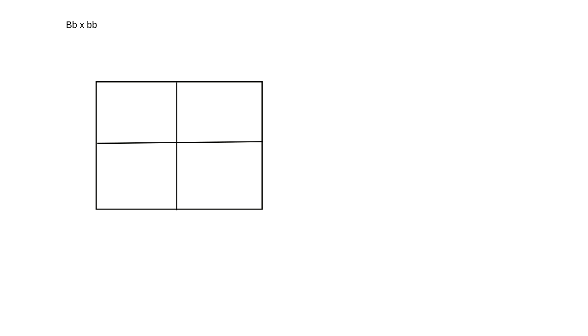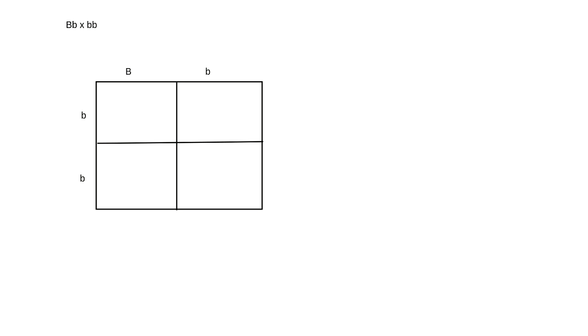When we're setting up our cross, we'll put one allele or one letter on each of the outside of the box here. So I put the uppercase B on the top, and I put the other allele right next to it, still on the top, but in a different column.